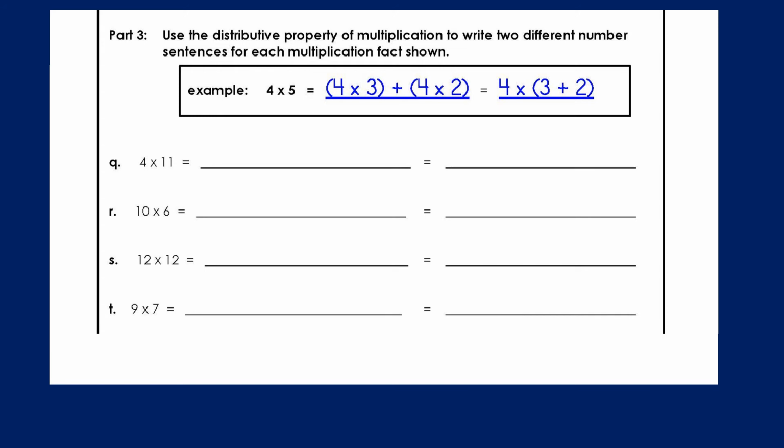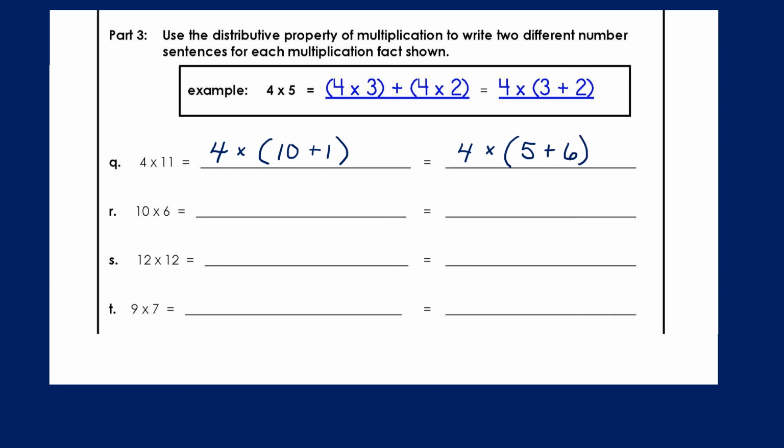Use the distributive property of multiplication to write two different number sentences for each multiplication fact. We could do 4 times 10 plus 1. We could do 4 times 5 plus 6.